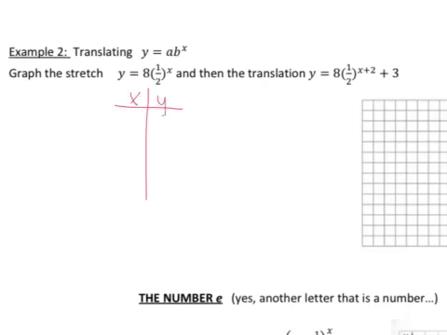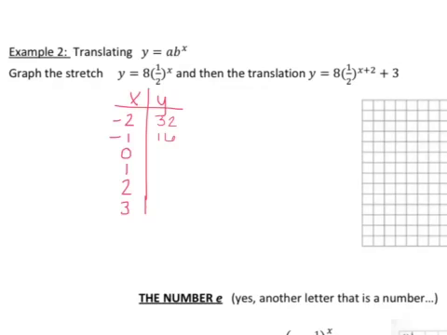So what x's do you want to plug in? We probably need 4 or 5. Yeah, -2, -1, 0, 1, 2, 3. Okay, so plug in -2 for the x. What do you end up getting? 32. All right. What do you get when you plug in -1?